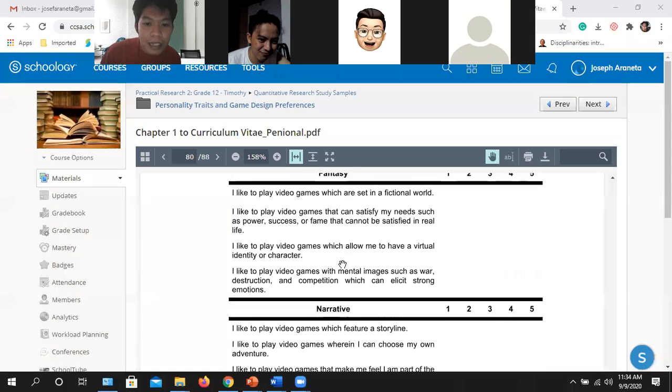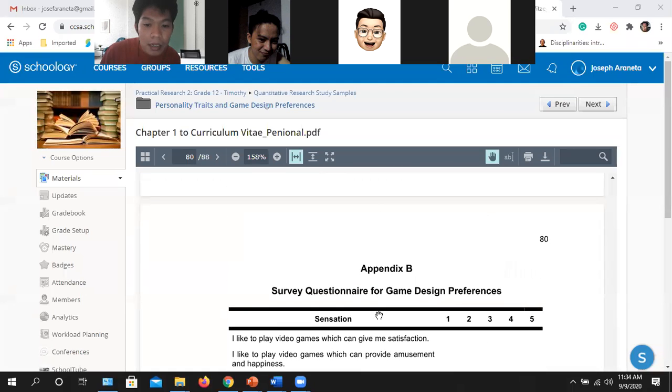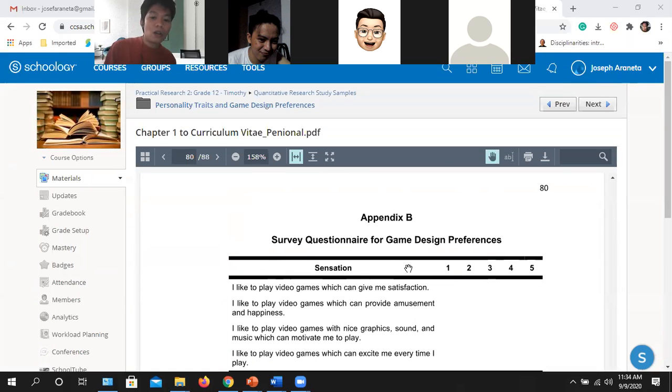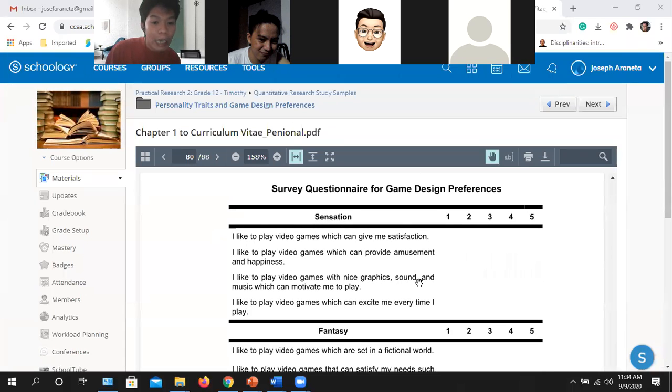These are the indicators, or what we call the design preferences. We were able to construct statements such as: I like to play video games which can give me satisfaction. I like to play video games which can provide amusement and happiness. I like to play video games with nice graphics, sound, and music which can motivate me to play. I like to play video games which can excite me every time I play.